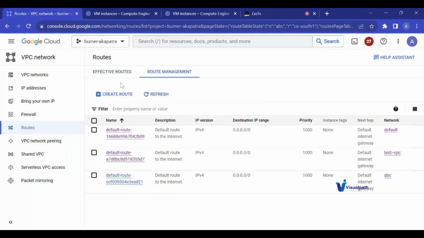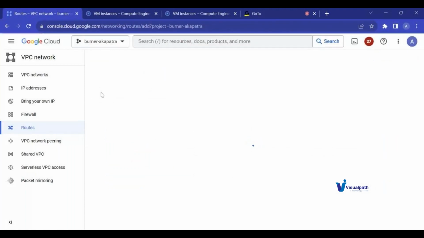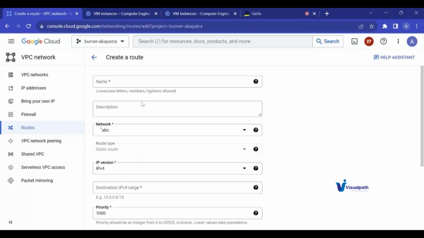I tend to use this most every time in the class, so I sometimes forget where that resides. Okay, so here is where you go to your routes, route management, and you can define your routes. Go into your routes and put a name to it. Let's say my route VPN.